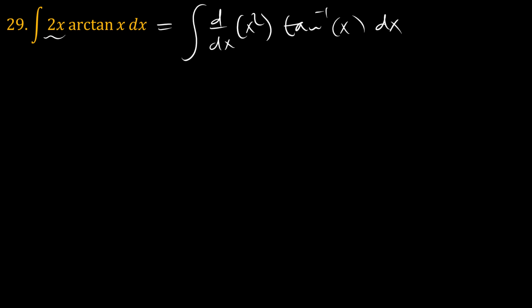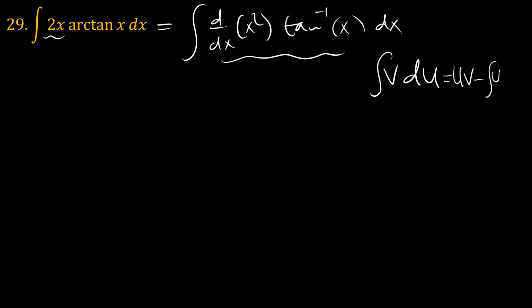And from here, I can use integration by parts, where we say if we have function v times the derivative of function u, that's the same as uv minus the integral of function u times the derivative of function v, right?